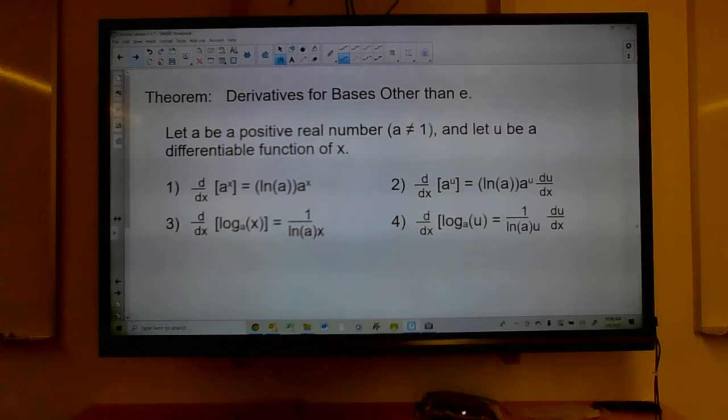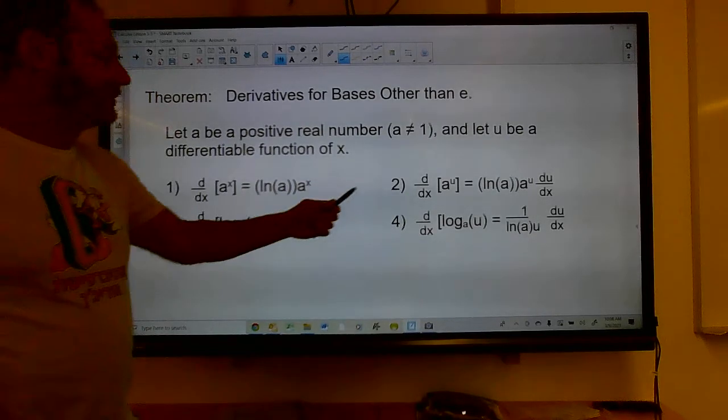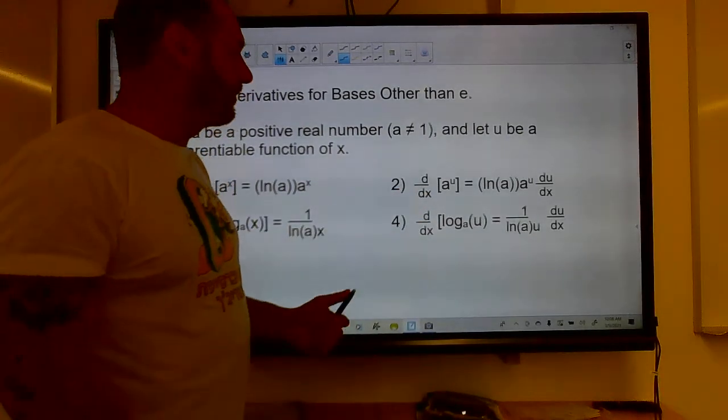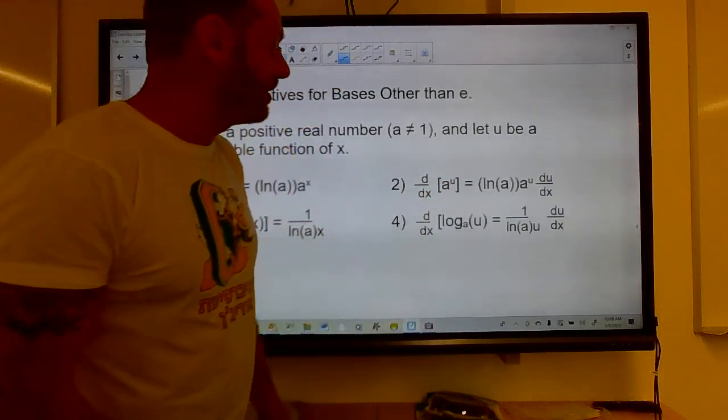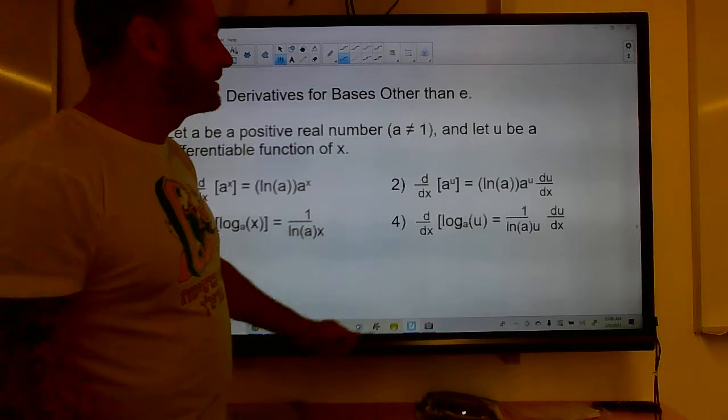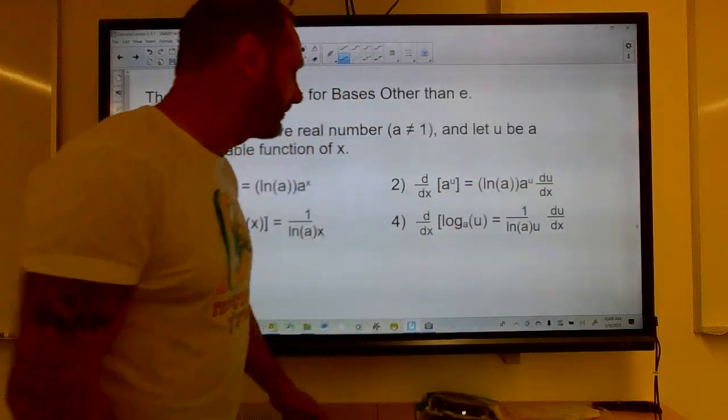Okay, derivatives. So the derivative of a to the x power is the natural log of a times a to the x. The derivative with respect to x of a to the u power is the natural log of a times a to the u times du dx.